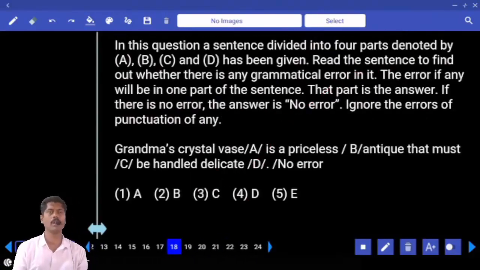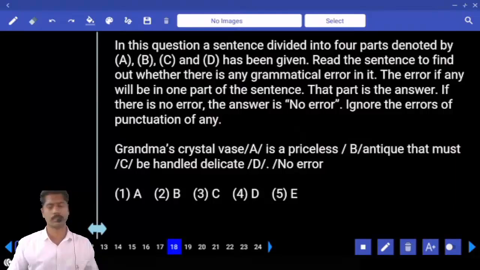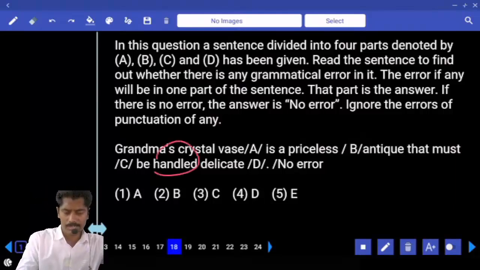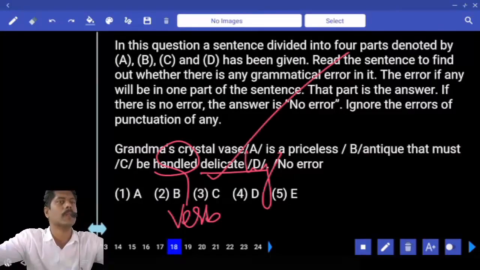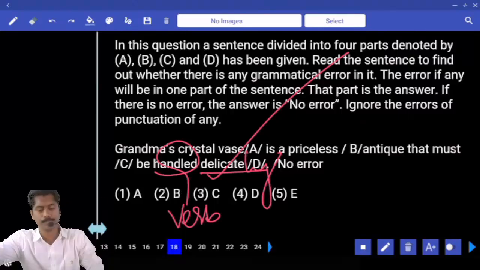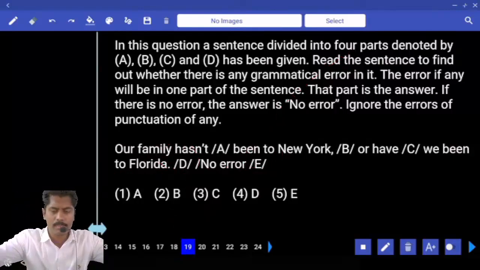Now, error location. Grandma's crystal vase is a priceless antique that must be handled delicate. Can you guess the answer? Handle is a verb. Verb partner is adverb. So, it must be handled delicately. Our family hasn't been to New York, or have we been to Florida?